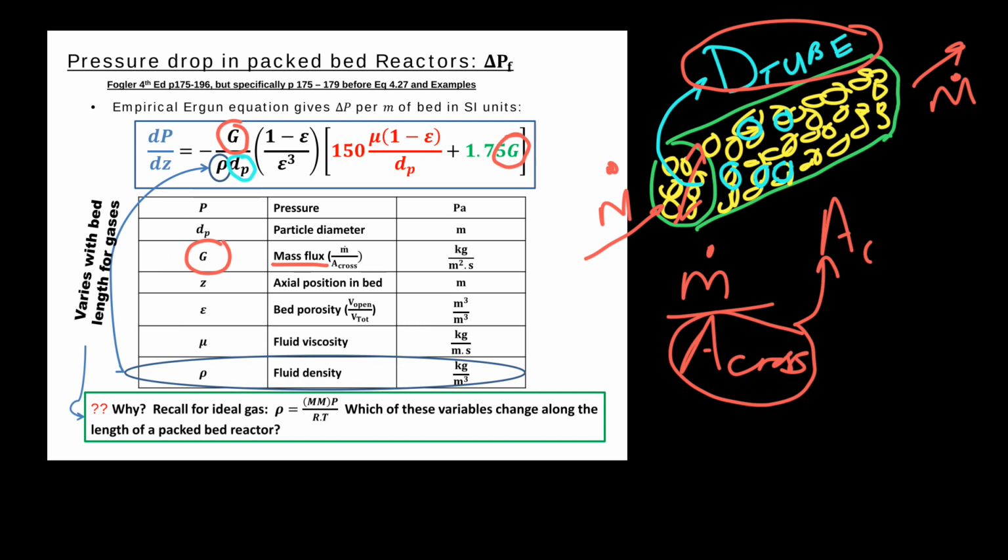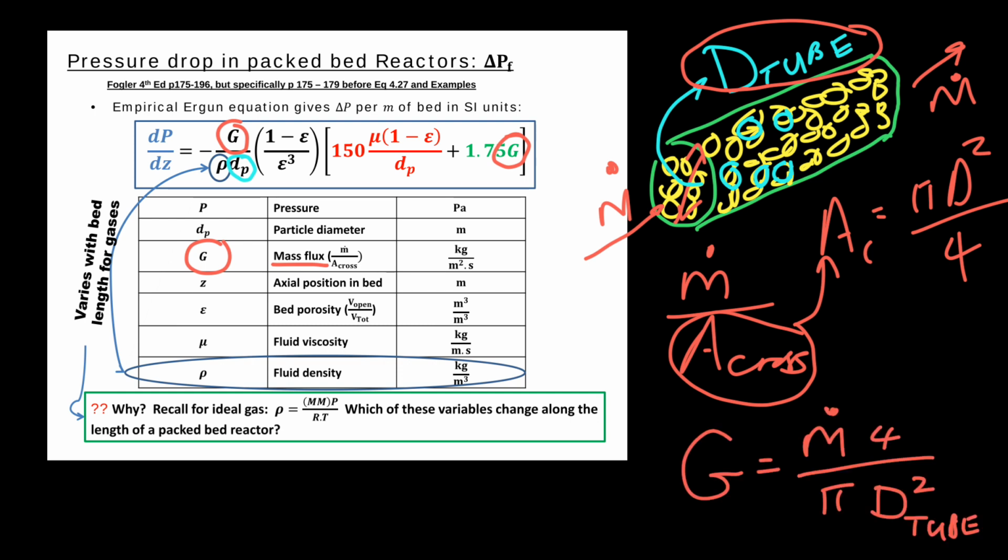So I can calculate that cross-sectional area in terms of the square of that tube diameter divided by 4. So in fact, we can see that this mass flux is directly proportional to the mass flow rate through that tube and inversely proportional to the square of that tube diameter.